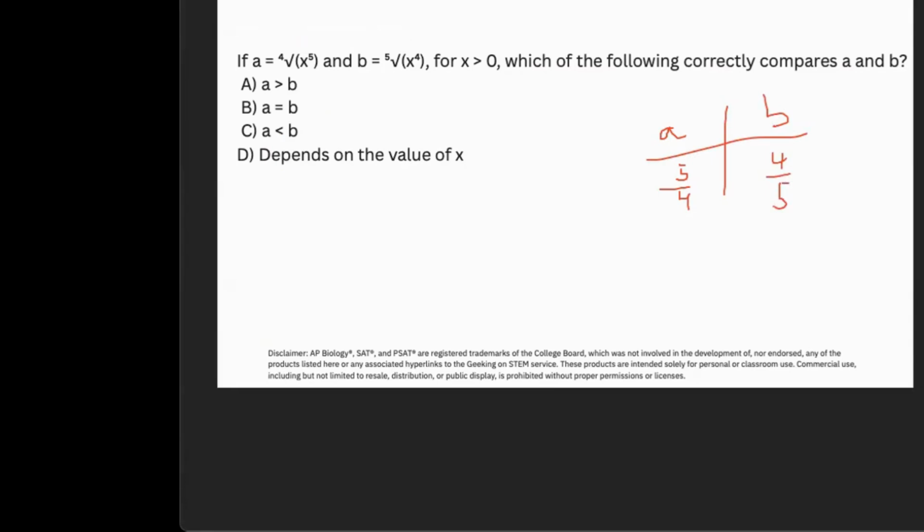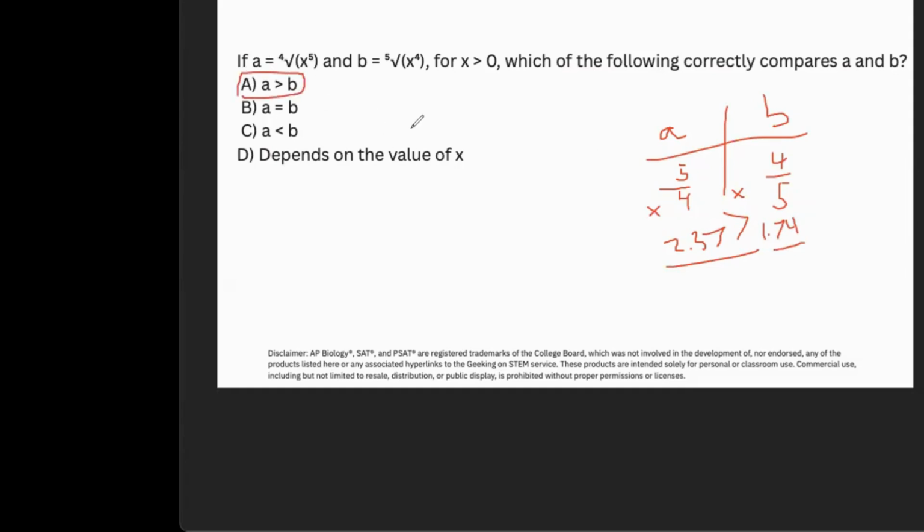So when we plugged it into Desmos, we found that A was 2.37, and for B, we plugged in our value of X, which was 2, and we found out that was 1.74, give or take. And so 2.37 is greater than 1.74, so the best answer choice is A.